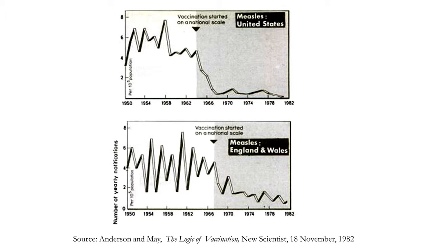And I want you just to look at the left-hand side of these two charts at the moment. The top one is measles in the United States. The vertical axis is the number of notifications, and I can't quite make out, I think it's 10 to the 5, per 10 to the 5 of the population. And the bottom one is measles, England and Wales.